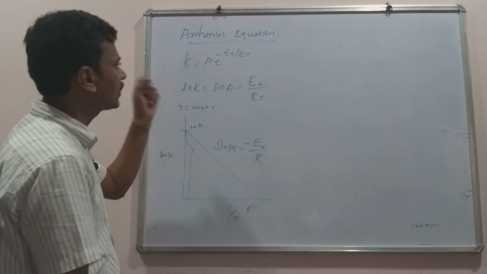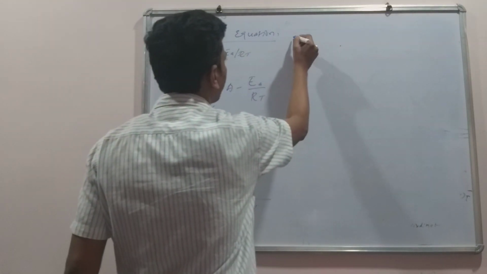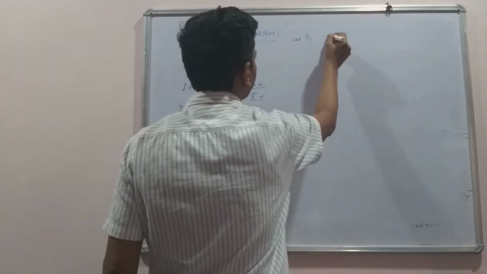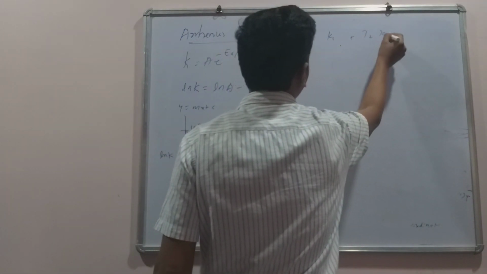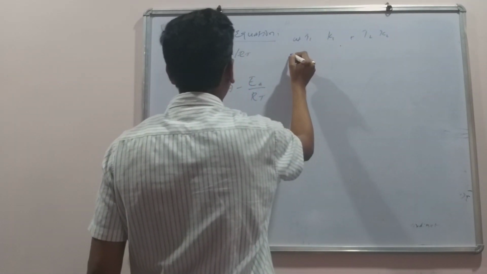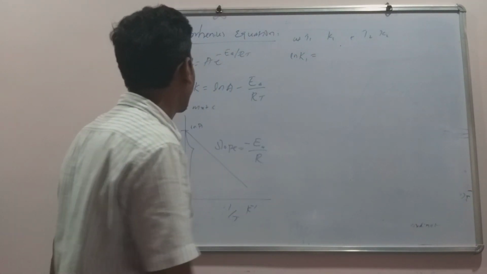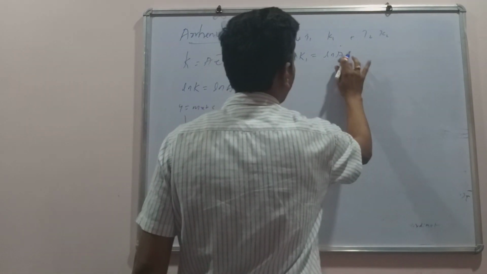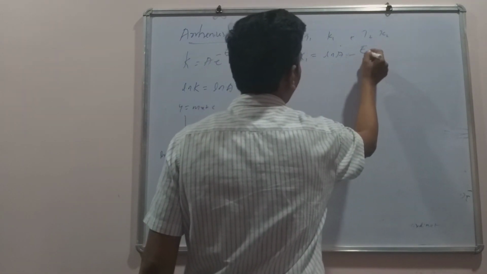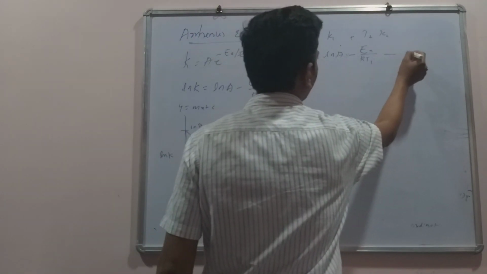Now let us write the other forms of this equation. At temperature T1 the rate constant is k1, and at temperature T2 the rate constant is k2. Therefore ln k1 is equal to ln A minus Ea upon R T1, call it equation number 1.